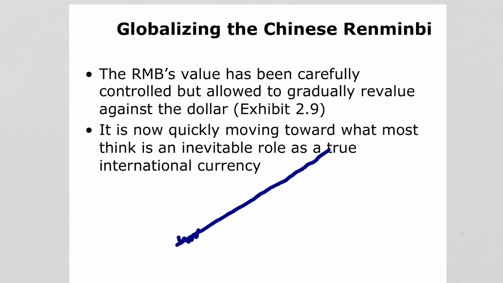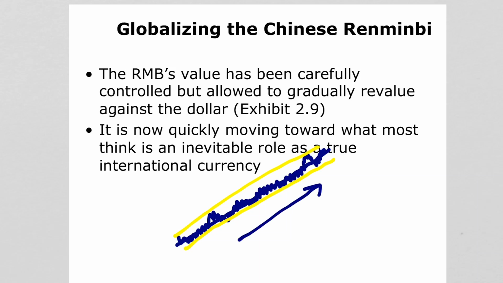Over time, during this rise, the Chinese central bank, the People's Bank of China, has kept that rise within a certain bound or trajectory, not letting the currency become too volatile against the US dollar. So they've allowed the currency to adjust to the changing economic circumstances, but they've also minimized the day-to-day volatility or uncertainty in that currency.